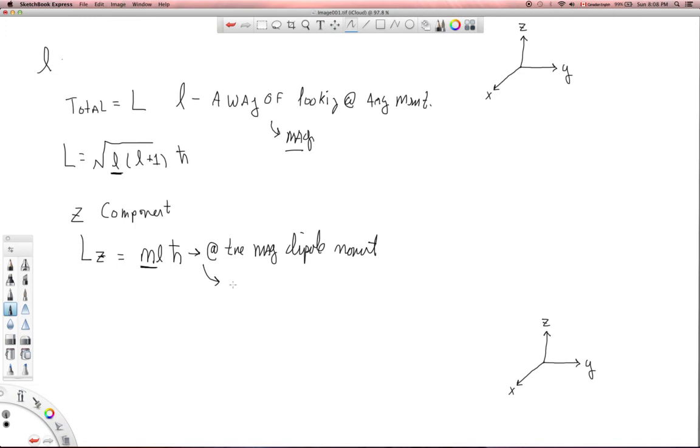And then m sub l is kind of a way of looking at the direction. How is the angular momentum oriented in the atom? What direction is it oriented in?